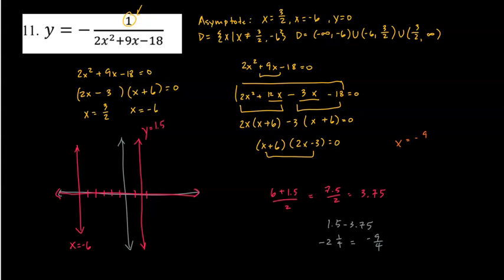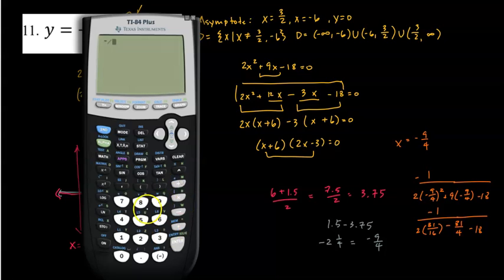x equals negative 9/4. Negative 1 over 2 times negative 9/4 squared plus 9 times negative 9/4 minus 18. So we have negative 1/2 times 81/16 minus 81/4 minus 18. Just going to use my calculator.